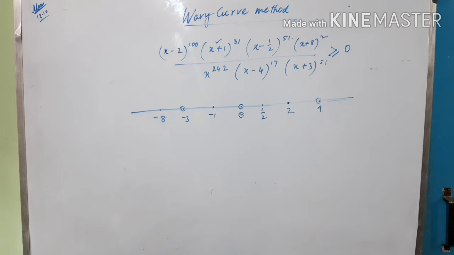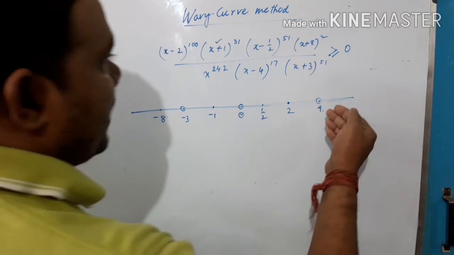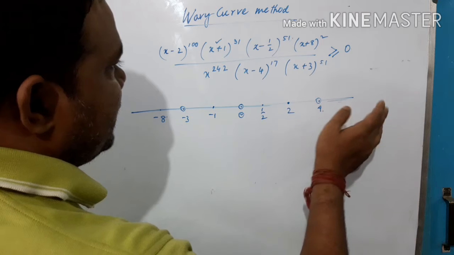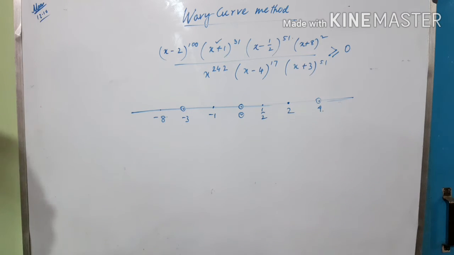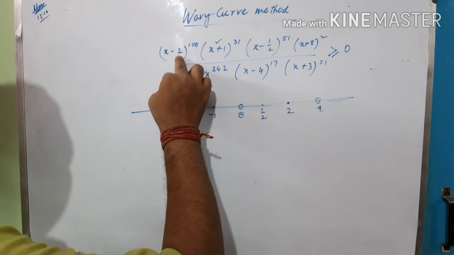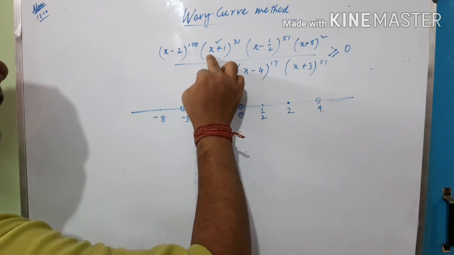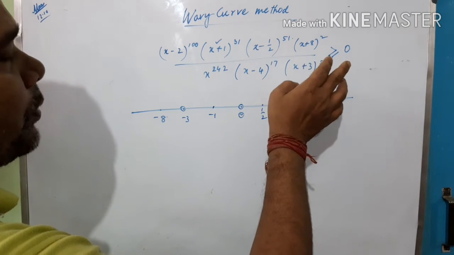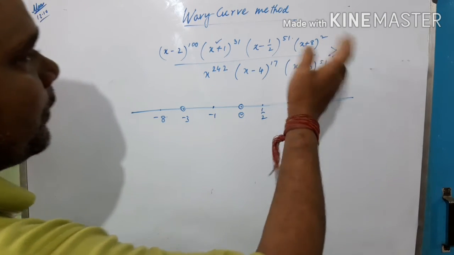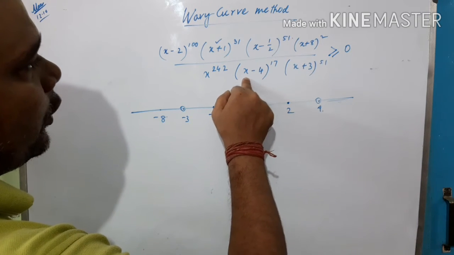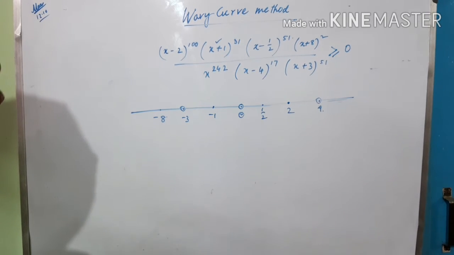Now let us determine the sign of the expression. Remember that at the right of 4, on this part of the real line, any number is greater than 4. So what will happen? Greater than 4 minus 2, it's positive. Greater than 4 plus 1, positive. Greater than 4 minus 2, positive. Greater than 4 plus 8, positive. Even here, greater than 4 minus 4, again this is positive.